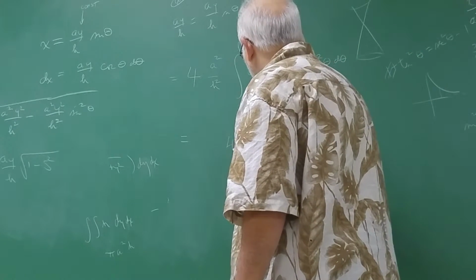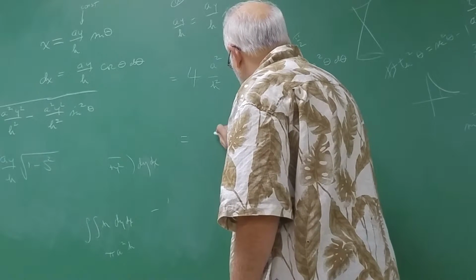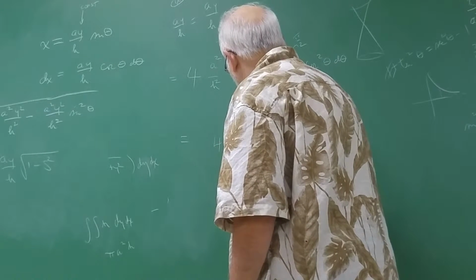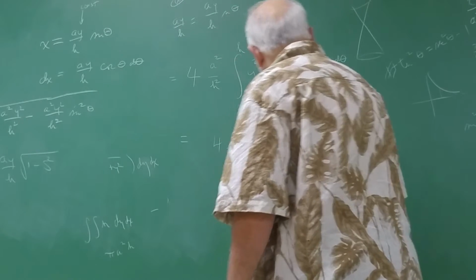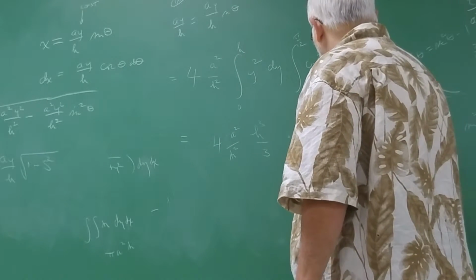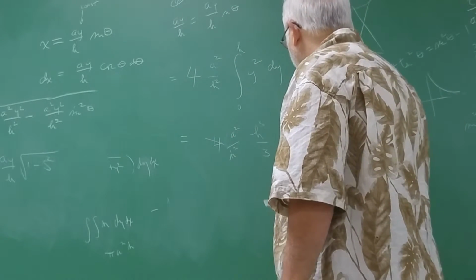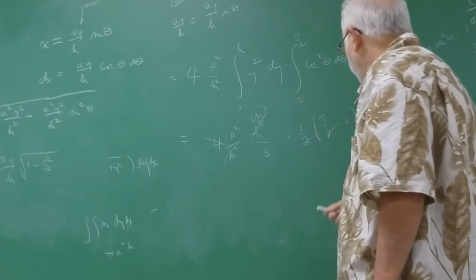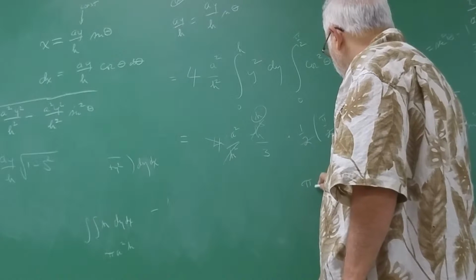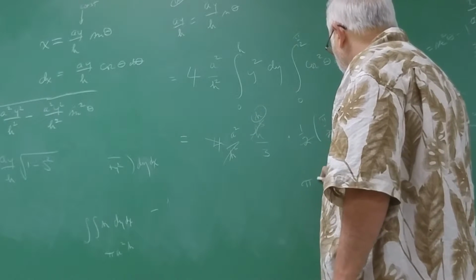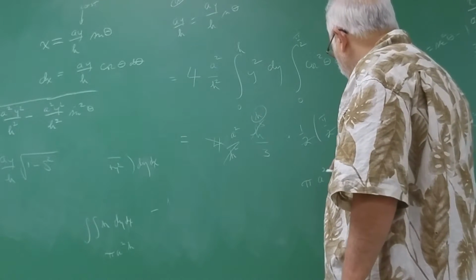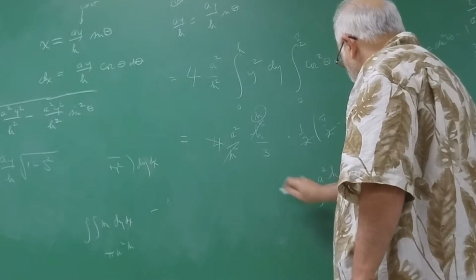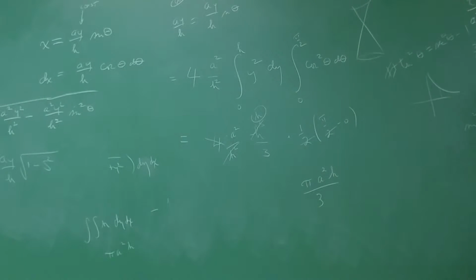And 4, oh, I forgot the a squared over h squared. 4 a squared over h squared. And 2 and 2 cancel with 4. The h squared cancels with the h cubed. And I have here pi times a squared times h over 3. And it works. All right.